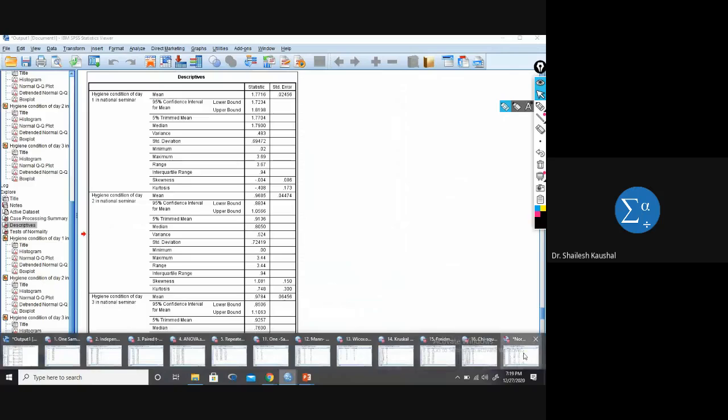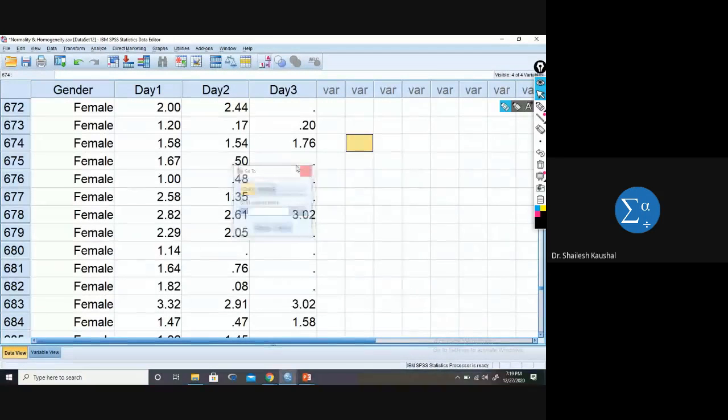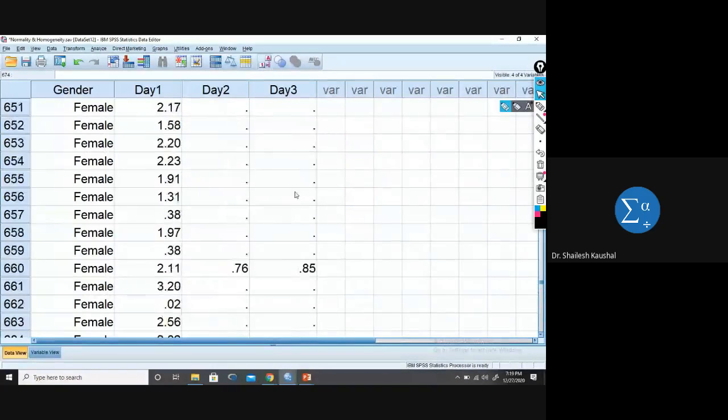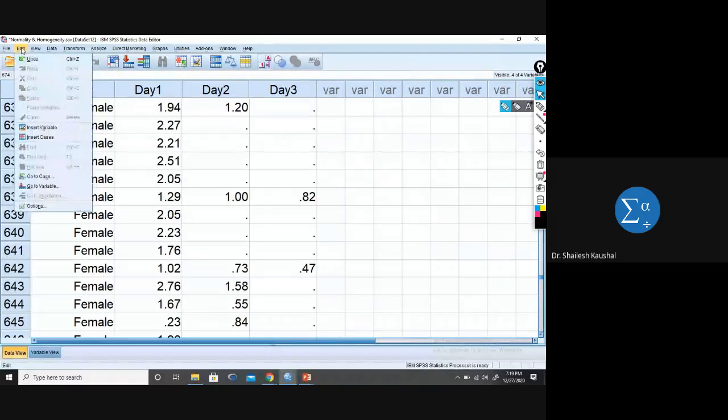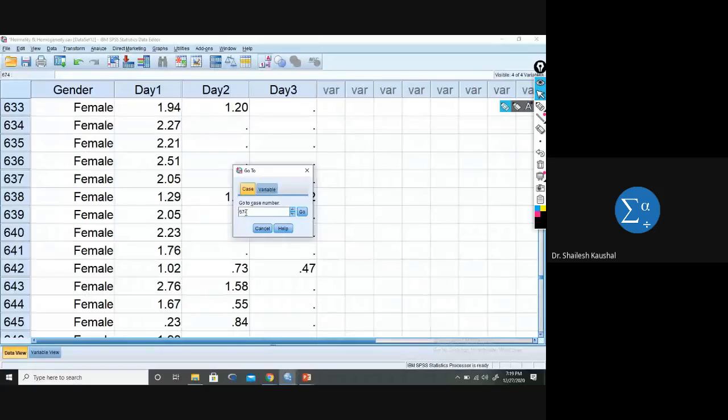Thank you, madam. So, madam, how to find the particular outlier? My outlier was case 672. So how to identify it? Go to Edit and then go to Case, and then we write 672 here and press Go.